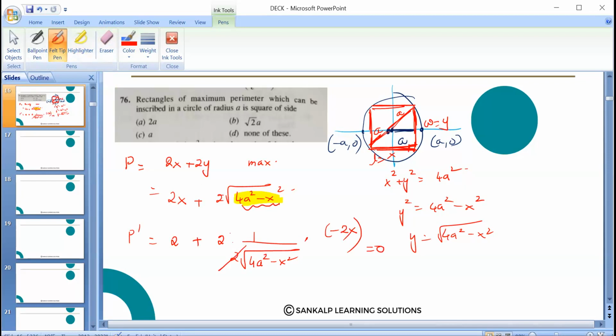So 2 and 2 will cancel. So you can take 2 square root of 4a square minus x square minus 2x equal to 0. Or easy is 4a square minus x square is 0. X is 2a.